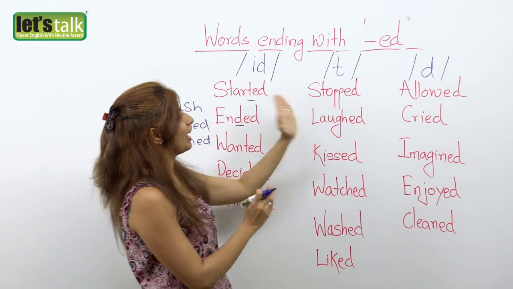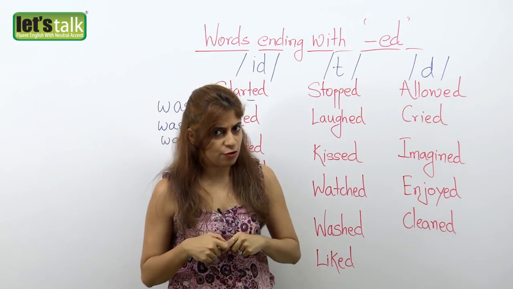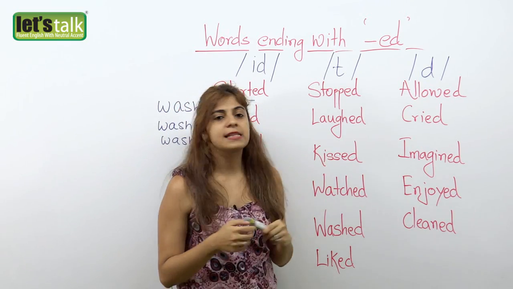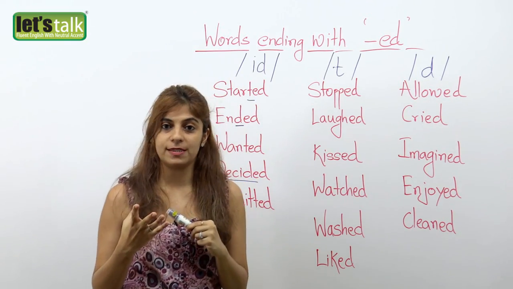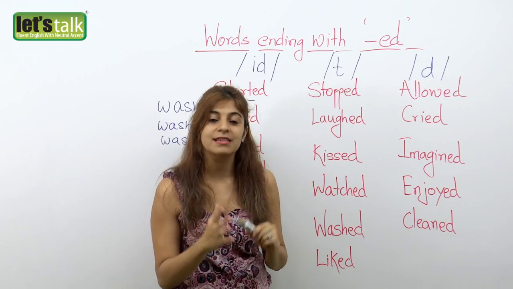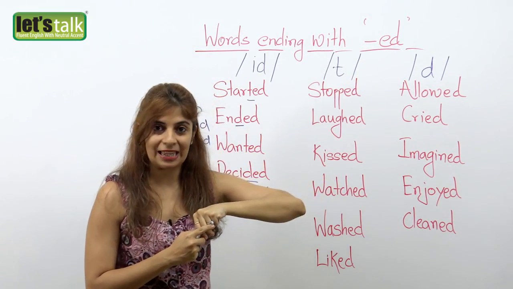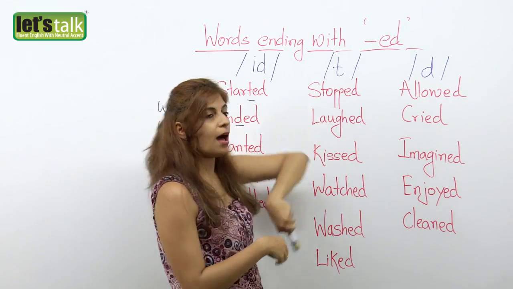Now, let's look at the other sound, which is the t sound. This is pretty interesting. For the words where the ending sound is unvoiced, you pronounce the ed as t. For example, stopped.